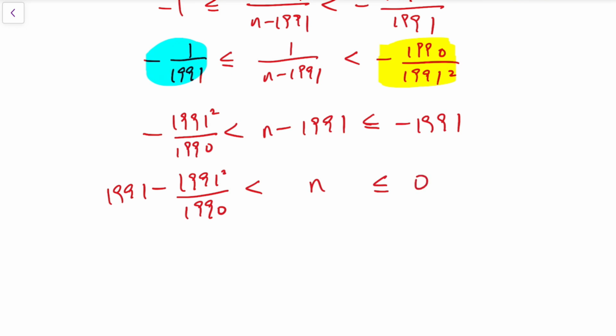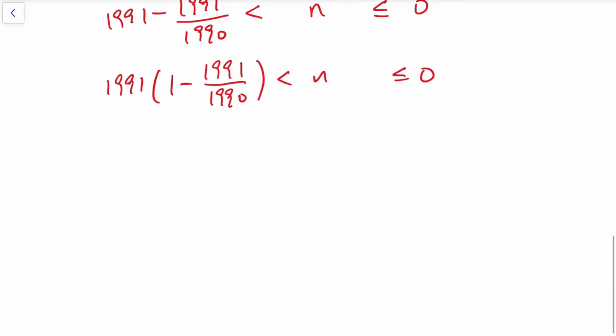So simplifying, the number at the left is equal to 1991 times 1 minus 1991 over 1990. And eventually, we have minus 1991 over 1990 less than n, less than or equal to 0.